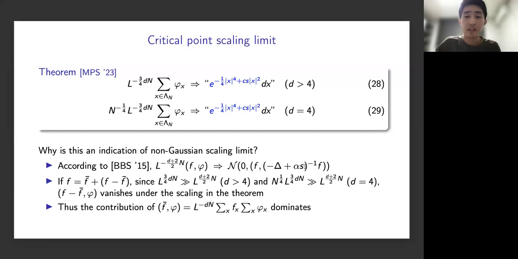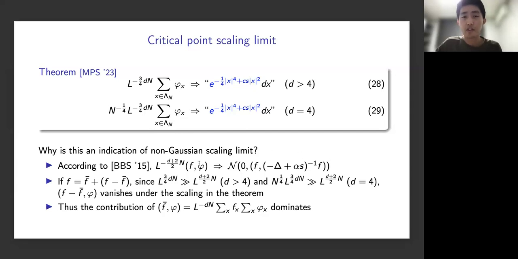You can simply take s equal to 0 at the critical points, and then this function f should be such that its average is equal to 0. Inspired by this, we can decompose a general function into its average f bar plus f minus f bar. Because the average of f minus f bar is equal to 0, you can put it inside the expression on the right-hand side here.